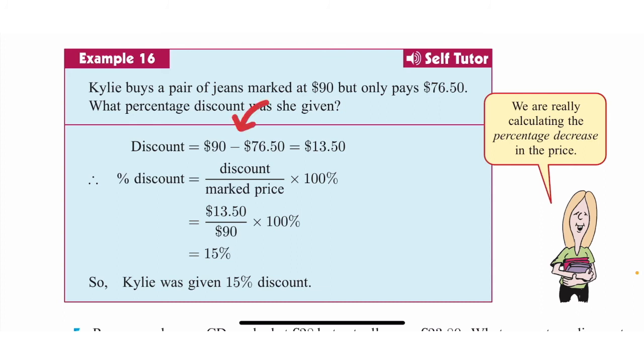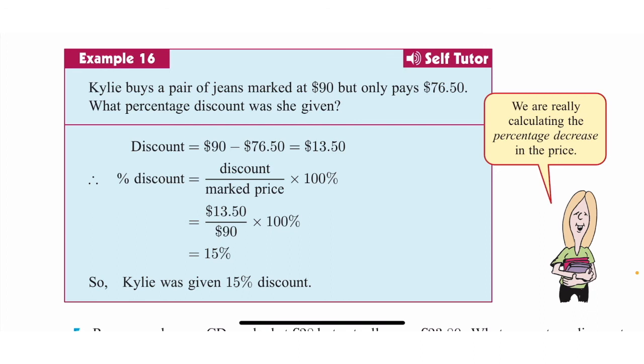First, we decrease $90 by $76.5 and we get $13.5. Now, in order to find the percentage of discount, we should divide the discount by the marked price in the beginning and then multiply it by 100% because we are finding the percentage. $13.5 divided by $90 multiplied by 100%.